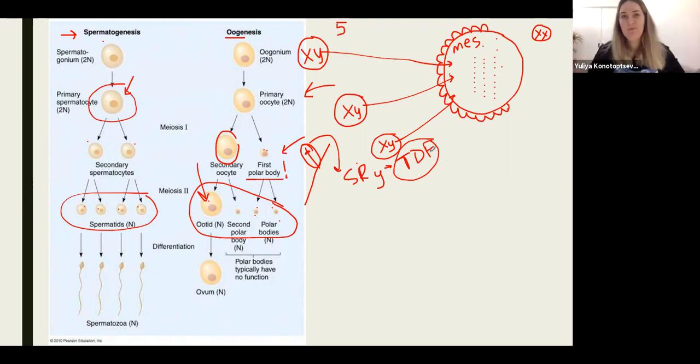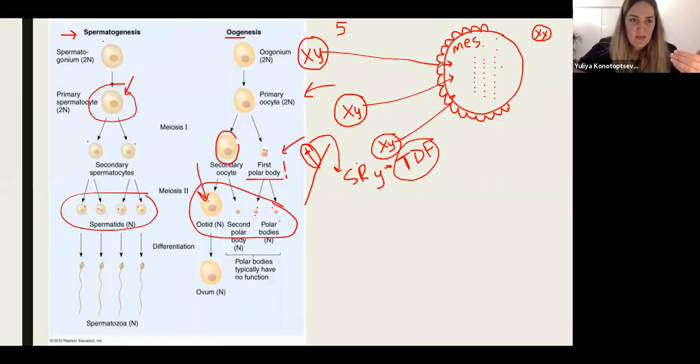So let's repeat because it's very confusing. I have PGCs carrying XY chromosome. They come into the gonads during the 5th week. They divide mitotically, but they don't assume a random position, right? They align themselves into the sex cords.